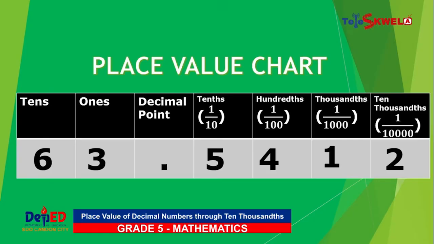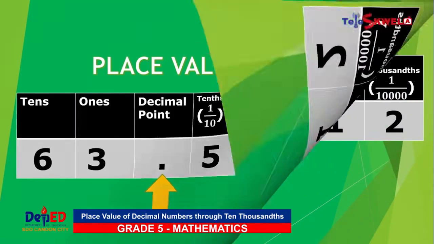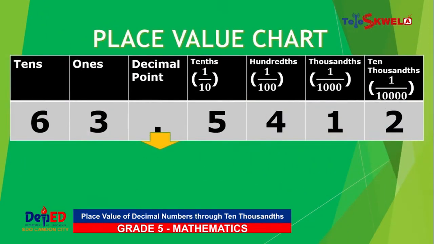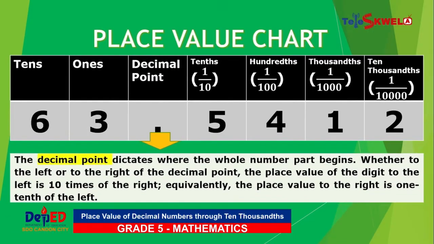Now try to look at it closer. What separates 63 and 5,412? Clearly, we see a point there. We call it a decimal point. The decimal point dictates where the whole number part begins.